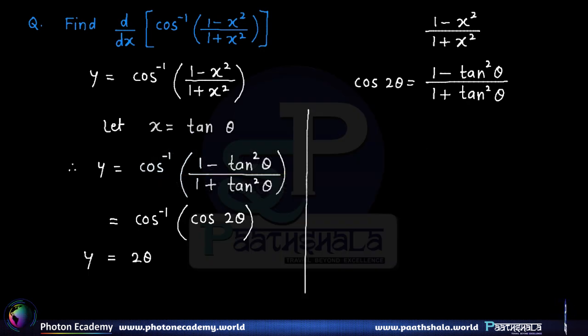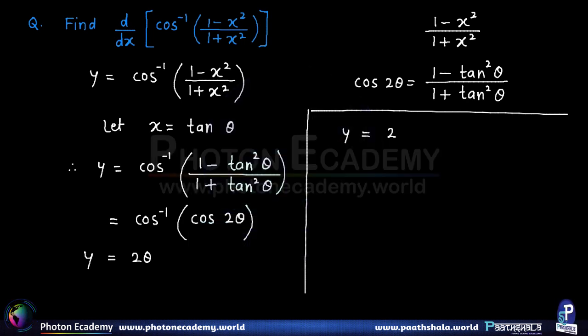Okay. Now as theta is our own variable, it's not given initially, so we must replace theta back in terms of x, correct? So y is equal to 2 into, now what is theta? For that, let's look here. x is equal to tan theta, so theta is nothing but tan inverse of x, taking tan to the other side. So here we replace theta with tan inverse of x.